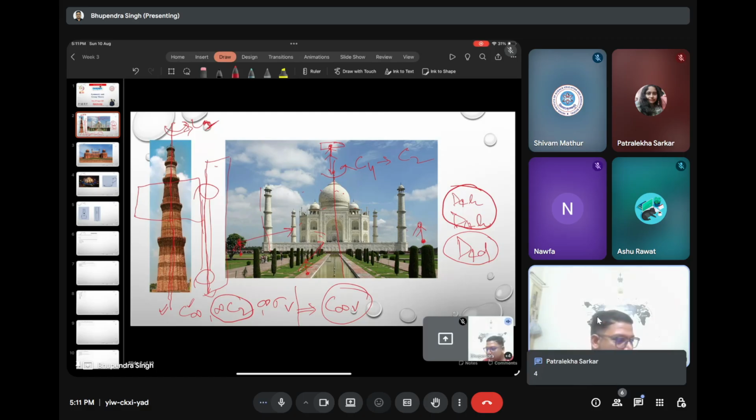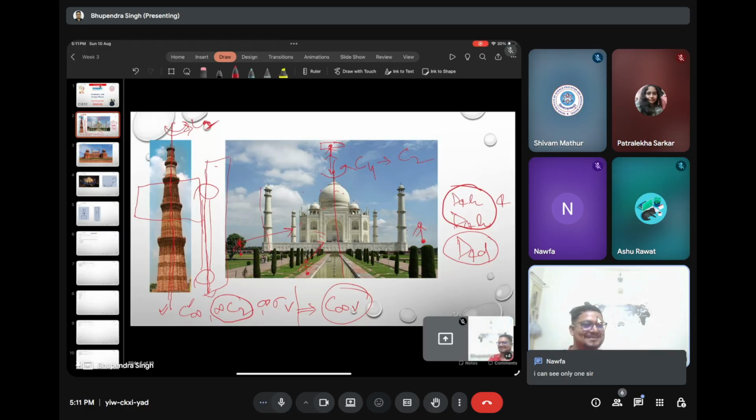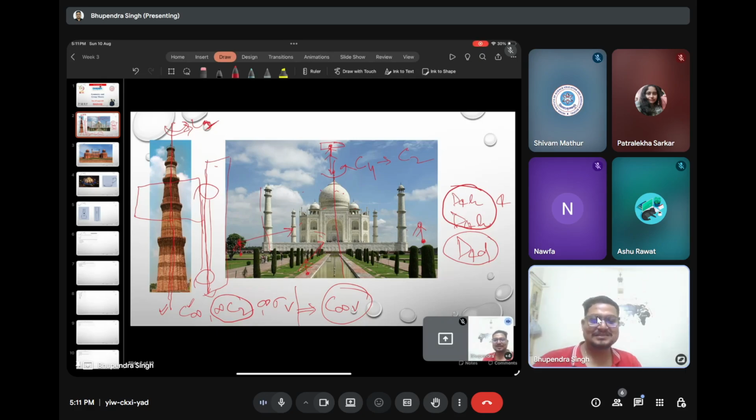Four. Asu and Patlekha are saying 4. And Nafa, tell me, how many C2s are present here? I can see only one, sir. Yes, there is only one C2 present. How are you guys saying that 4 C2s are present?